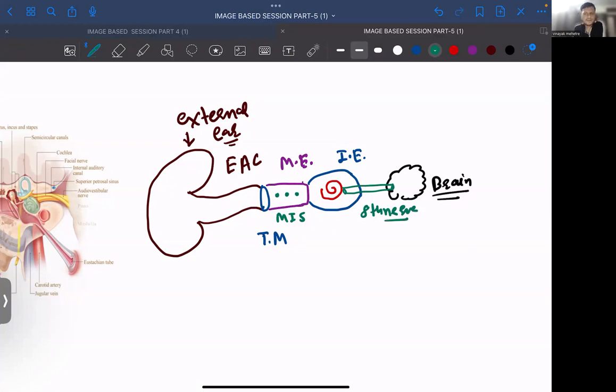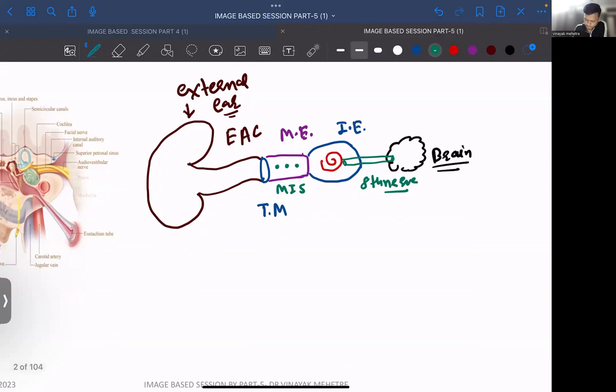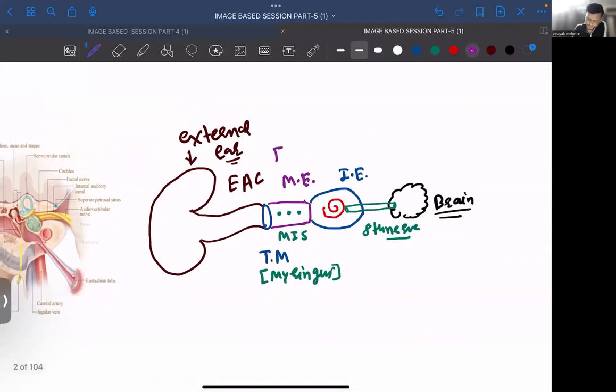Okay, 8th nerve. Now, tell me the other name of the tympanic membrane. Tympanic membrane is also called what? Myringa. And the middle ear is also called tympanum.